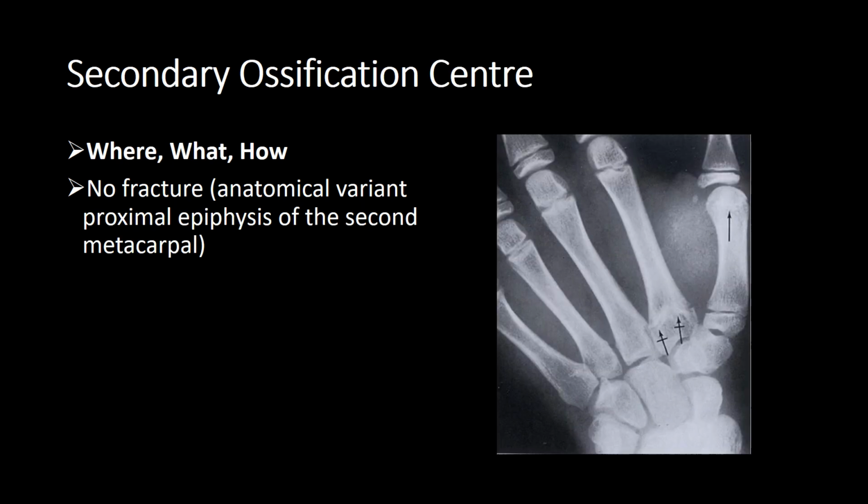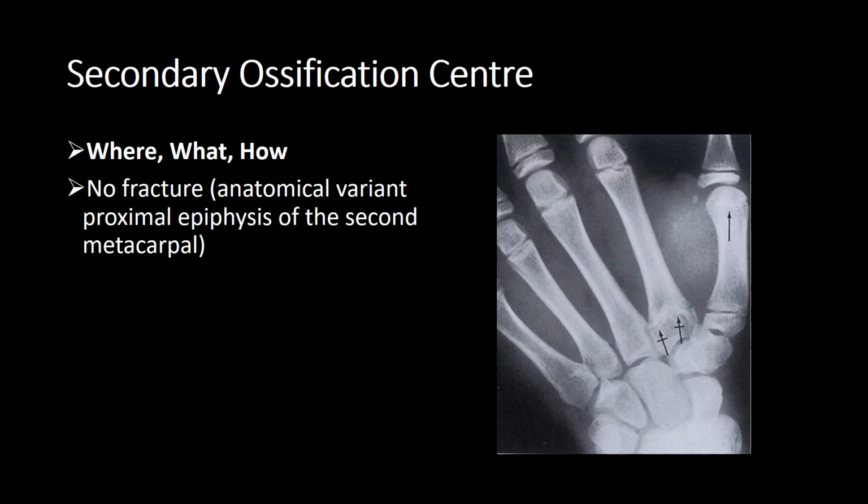In the miniature long bones of the hand, the first metacarpal has one epiphysis, which is at the proximal end. The second through to fifth metacarpals have an epiphysis at the distal end, which will eventually develop into the heads of the metacarpals.